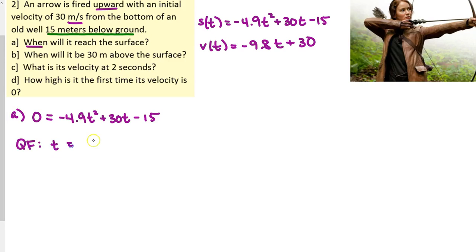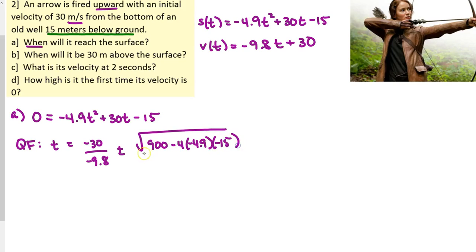So we have t equals the opposite of b over 2a plus or minus the square root of b squared minus 4ac over 2a. Okay, to simplify negative 30 over negative 9.8, first of all, we could cancel the negatives, and then we could also think of it as 300 over 98 if we multiply the top and the bottom by 10.